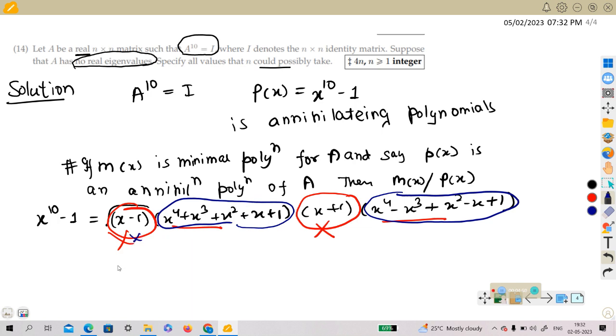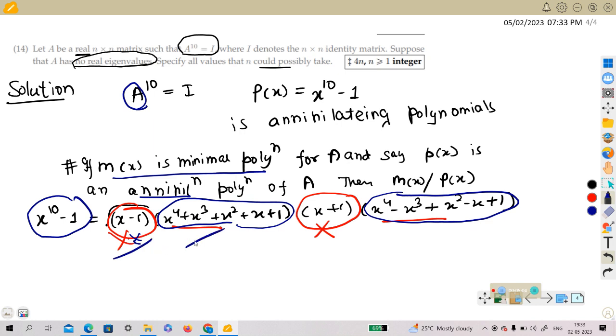Let me repeat it. We have shown that the minimal polynomial divides the annihilating polynomial. So the minimal polynomial of A will divide this, and these are the four possible factors of x to the power 10 minus 1.